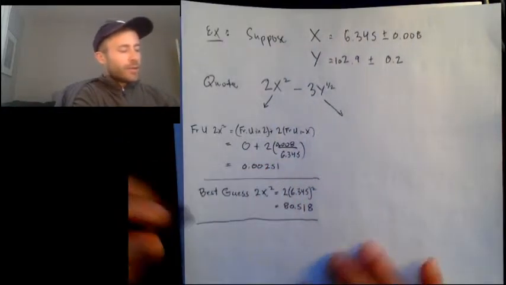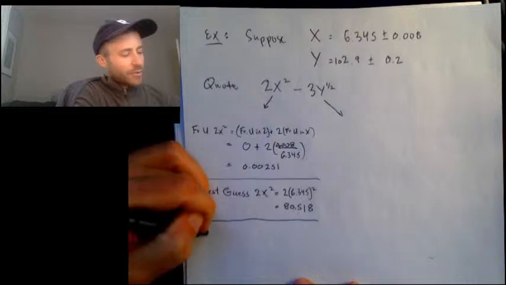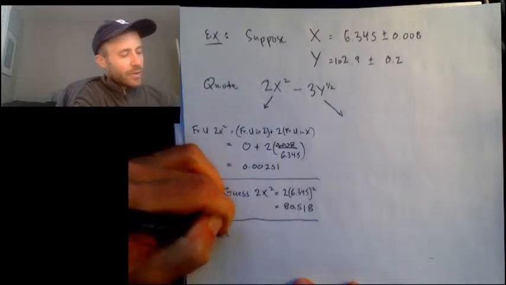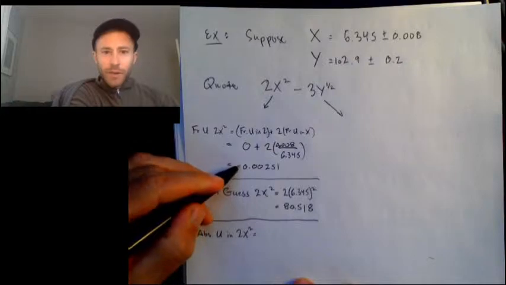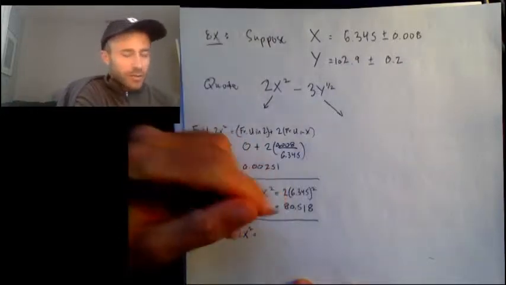So now I'm going to get my absolute uncertainty in 2x squared. That's going to be my fractional uncertainty times my best guess.